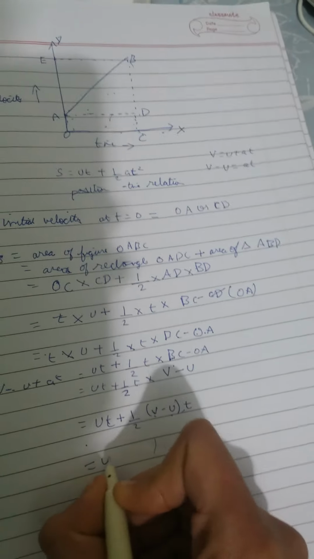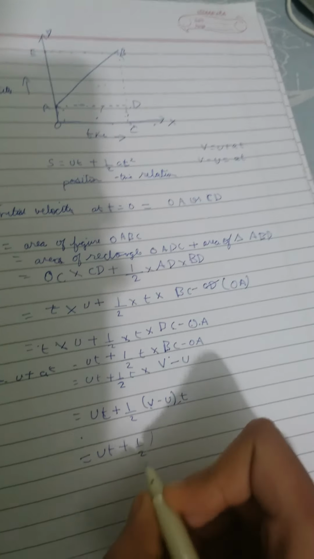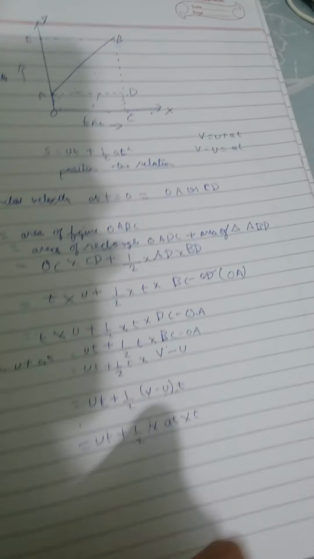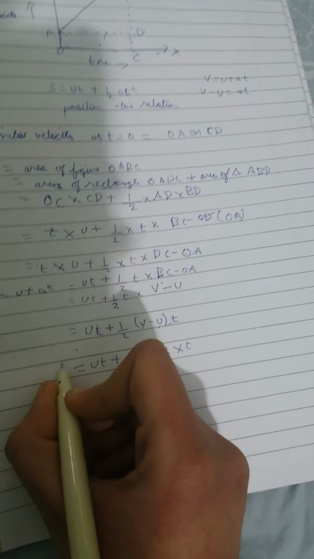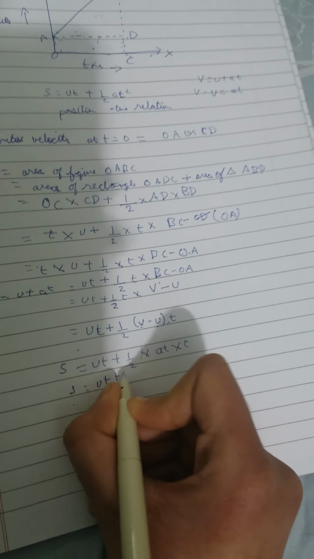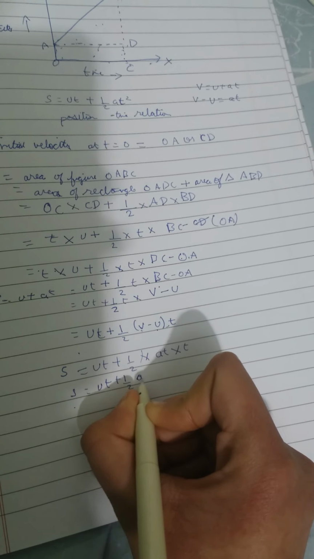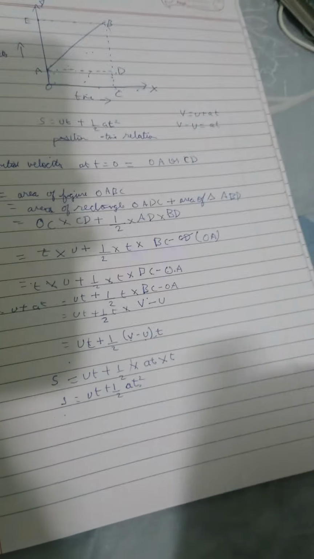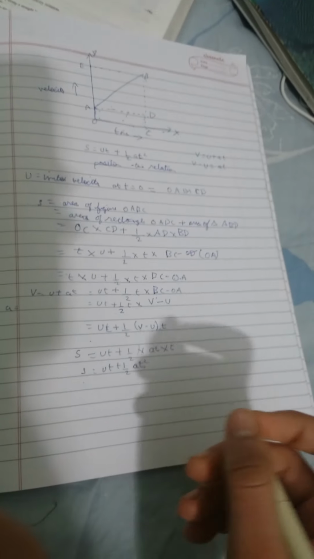So it will become ut plus half, at into t. So we had s here. So s is equal to ut plus half at square, because t into t is t square. So we have proved the second equation of motion. Hope this helped you.